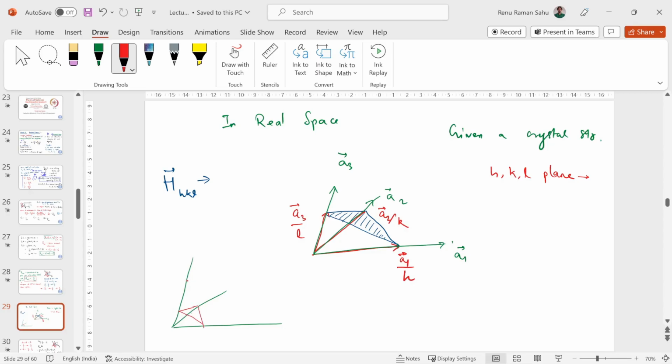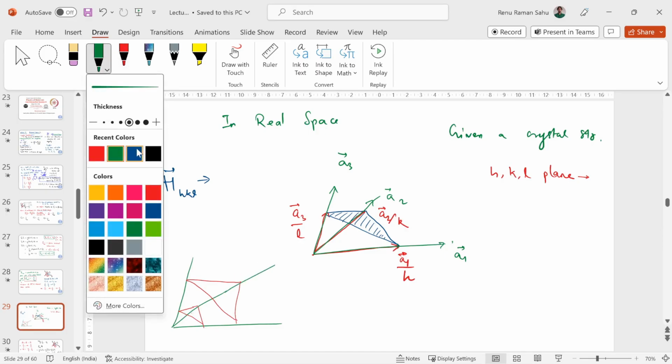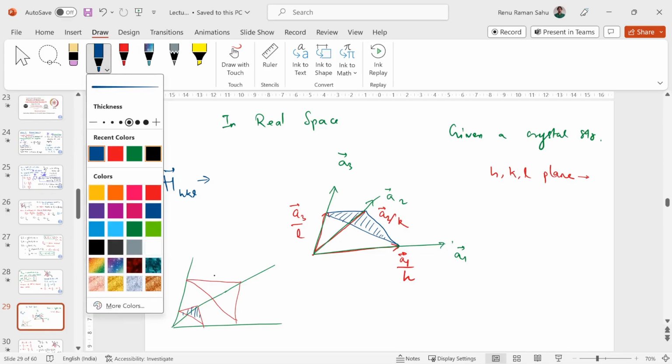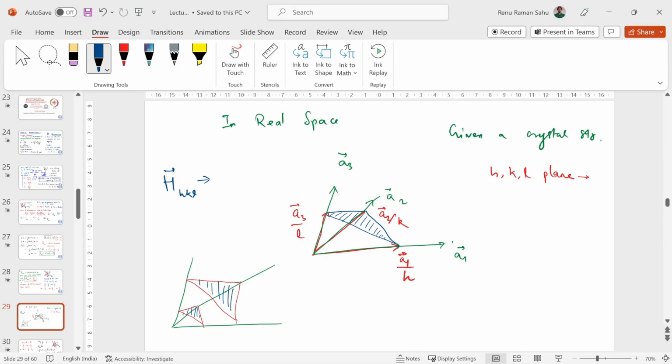This, and this, and there can be further more planes, like you can imagine this stack of planes.